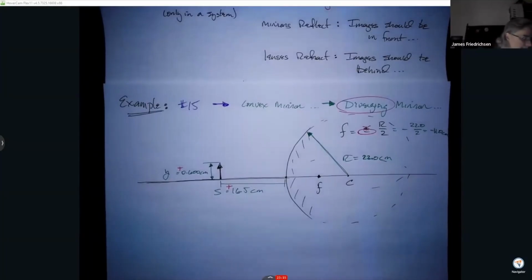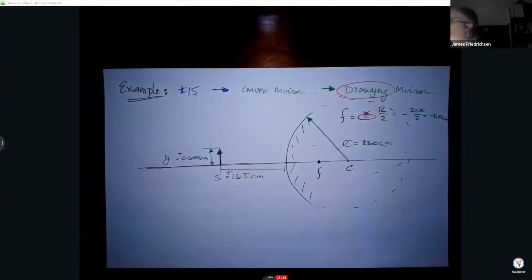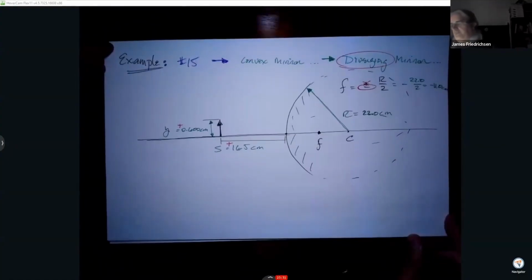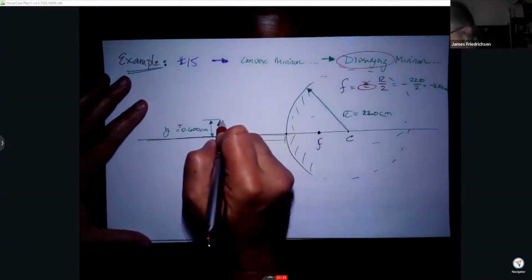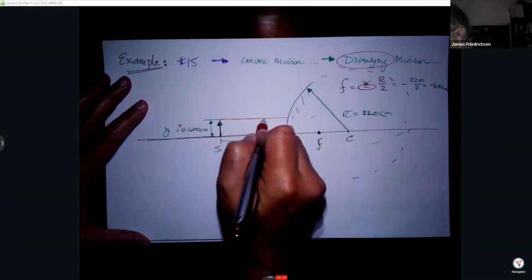And then it says, draw a principal ray diagram showing the formation of the image and then calculate the position, size, orientation, and nature of this image. So let's go ahead and do our ray diagram first, and then we'll run the calculation second. And so then the first ray is going to go in parallel to the principal axis.